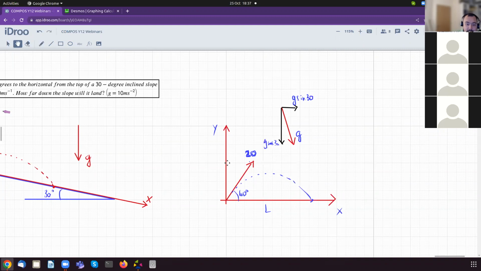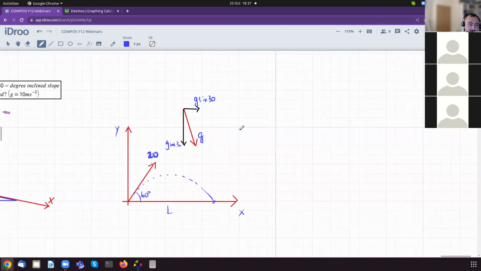All right, and now we write the equations of motion. So x of time is equal to the initial position, which is 0 and 0.